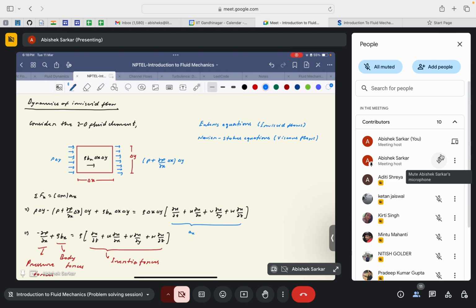Okay, so let me give you a brief overview so that you can appreciate the understanding of this concept of dynamics of inviscid flow.